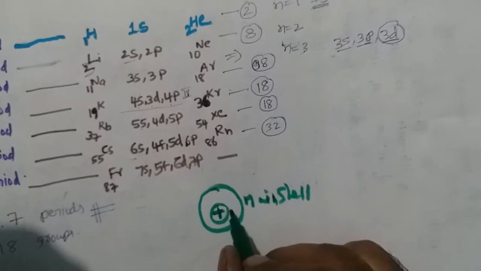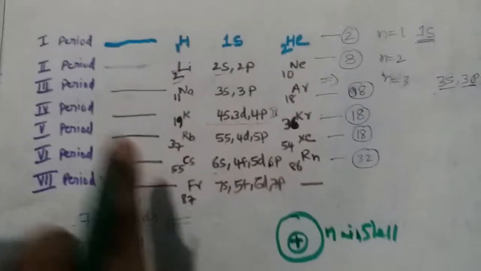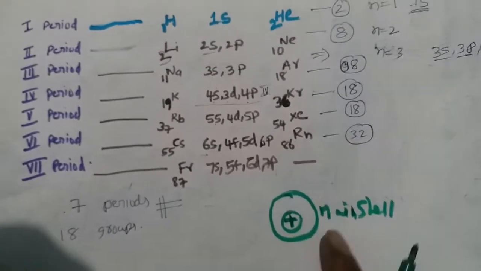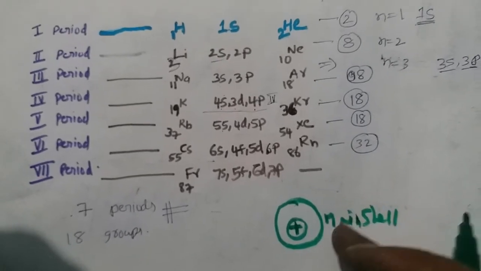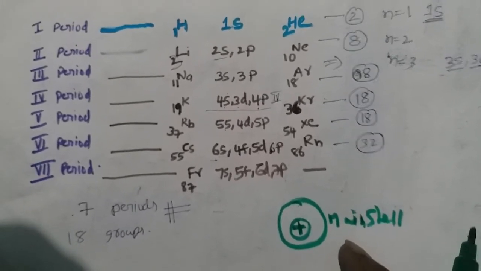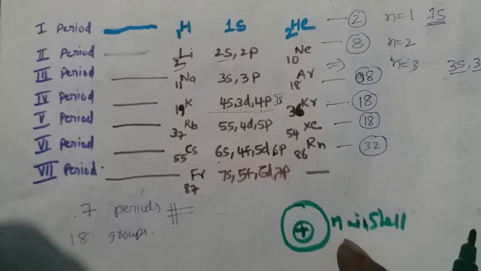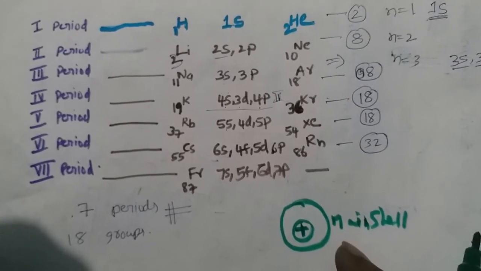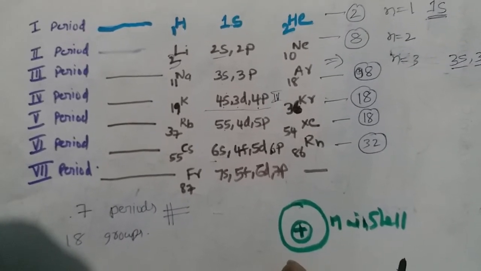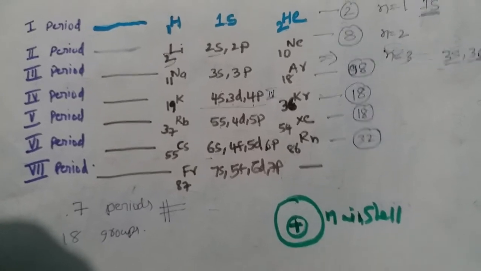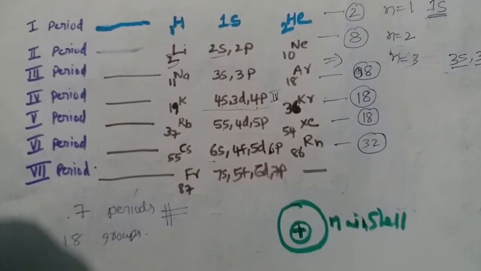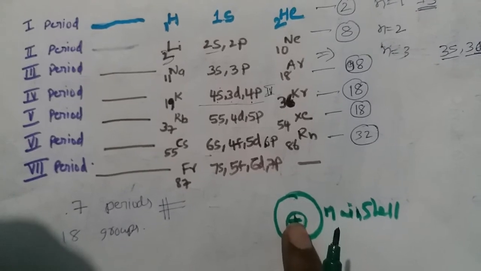In this main shell, gradually, when we move left to right in the periodic table, the number of electrons will be increased. As the number of electrons in the main shell increases in a particular period, when we move left to right, the number of protons also increases.